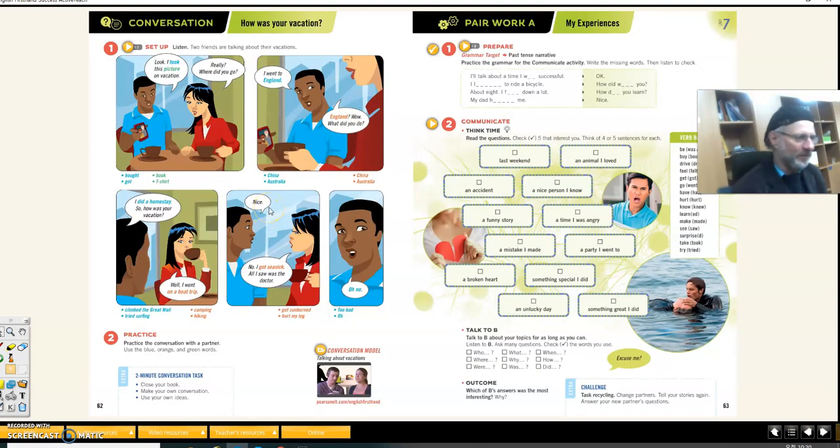Okay, just like before, you have 2 people engaged in a conversation, and then you have these colored words. Well, these colored words, of course, are substituted into the dialogue.